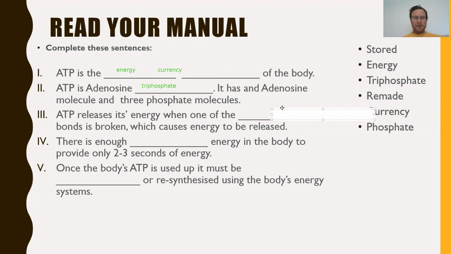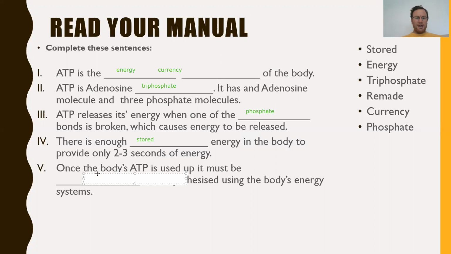ATP releases its energy when one of the, what do you think, phosphate bonds is broken, which causes energy to be released. There is enough stored energy in the body to provide only 2 or 3 seconds of energy.